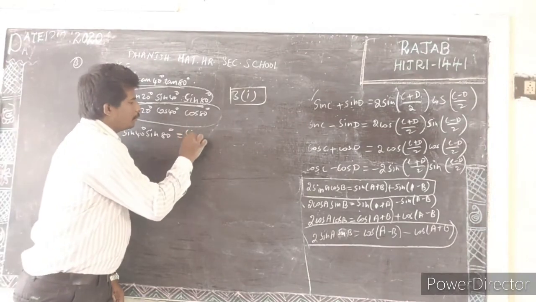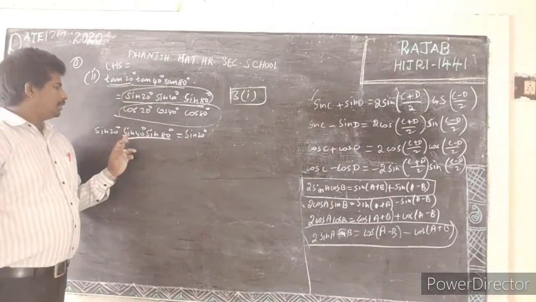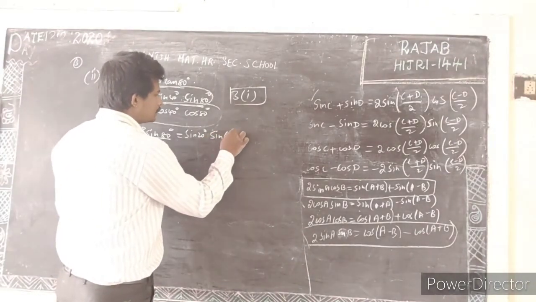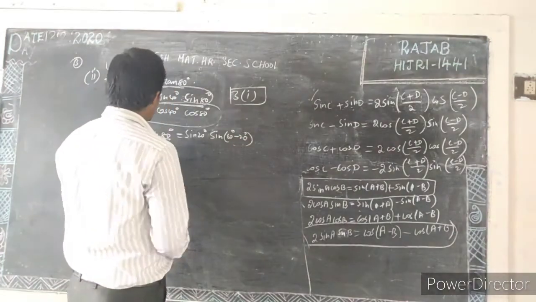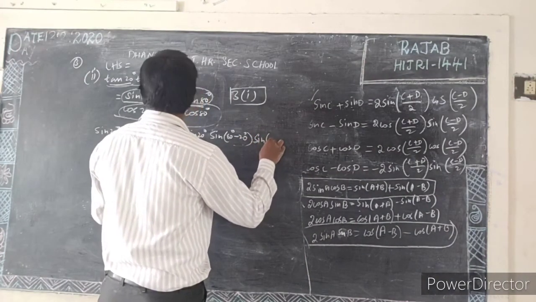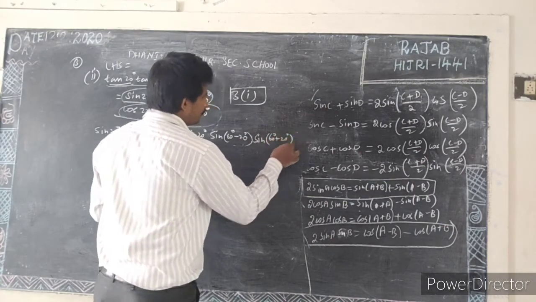Okay, first I am going to take sin 20 degree. Look at this. Sin 40 degree can be written as 60 minus 20. Then sin 80 degree can be written as 60 plus 20.